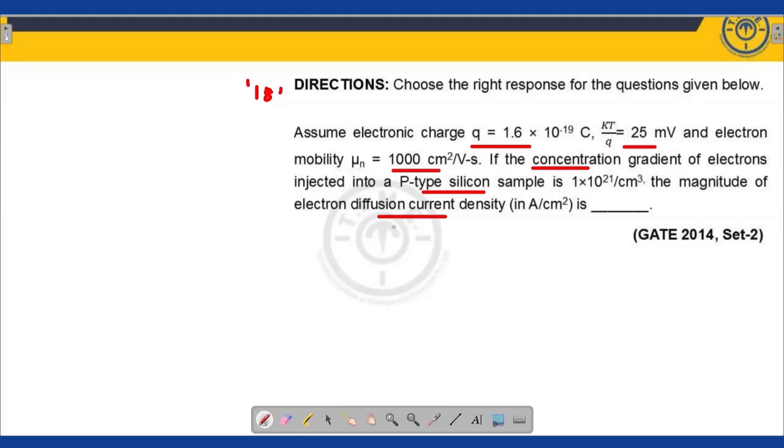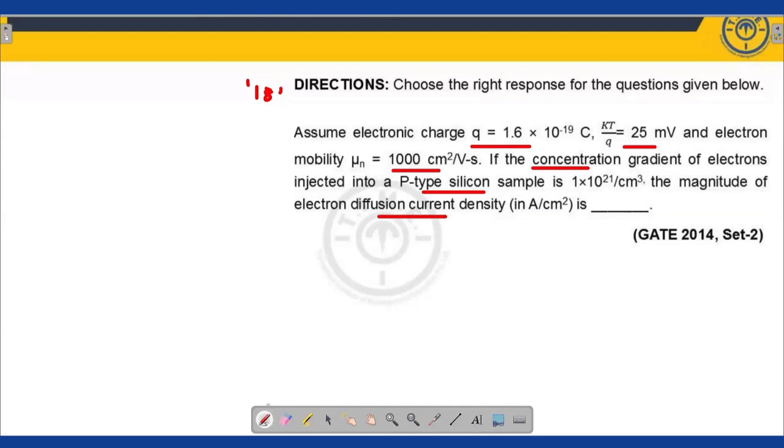Now, my dear friends, for the electron diffusion current density, the formula is very important. I told you we are going to get formulas which are pretty important, my dear friends, on how to solve these particular parameters. That is the first point.